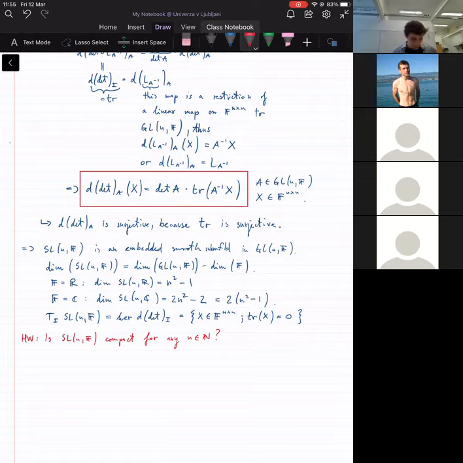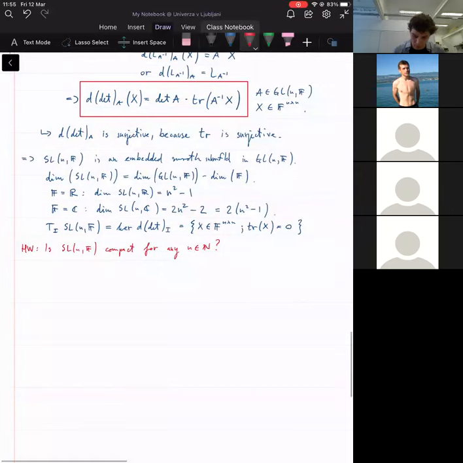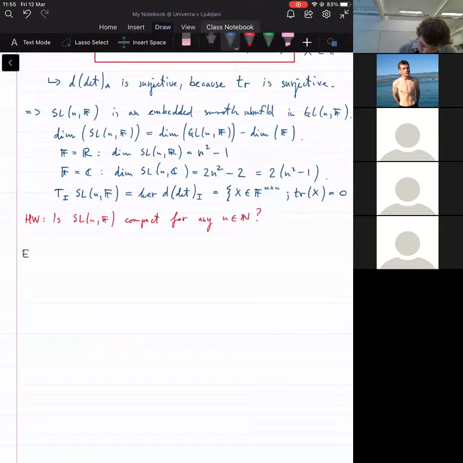Okay, we don't have much time left, but let's start solving the following exercise, and we'll see how far we get. So, exercise.